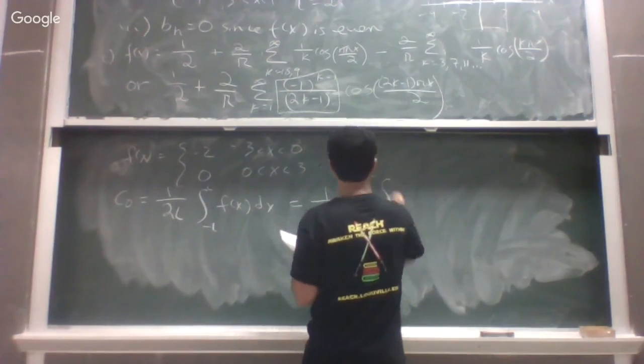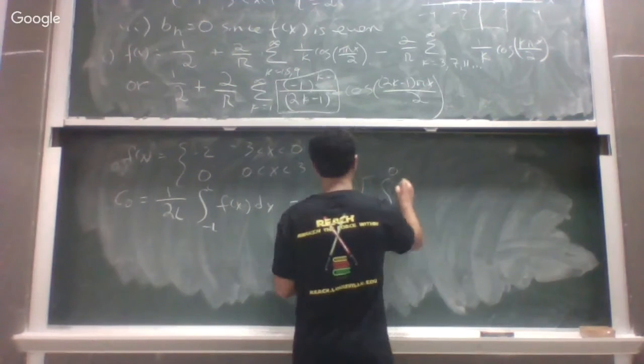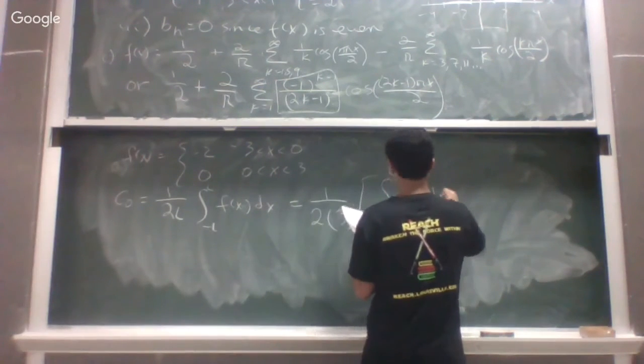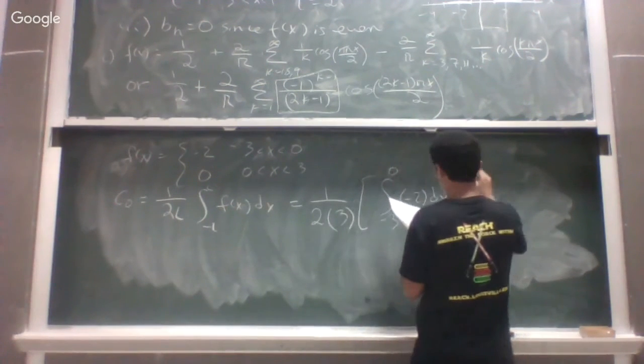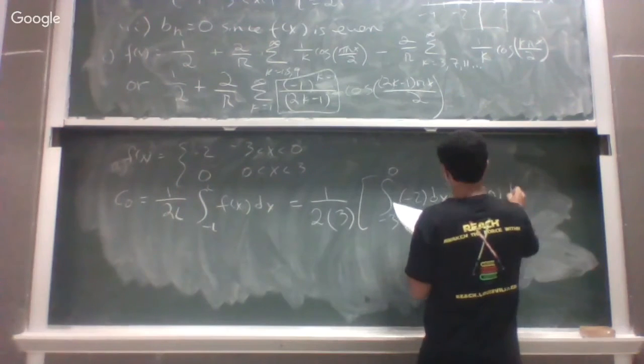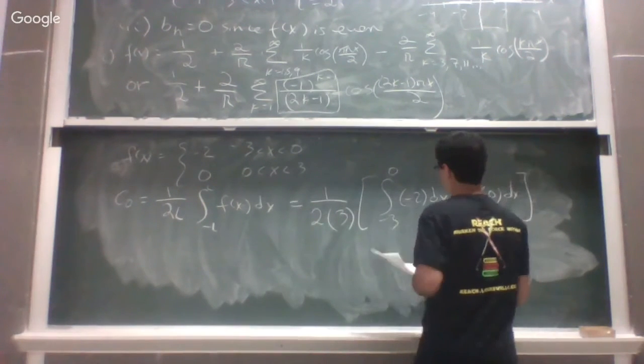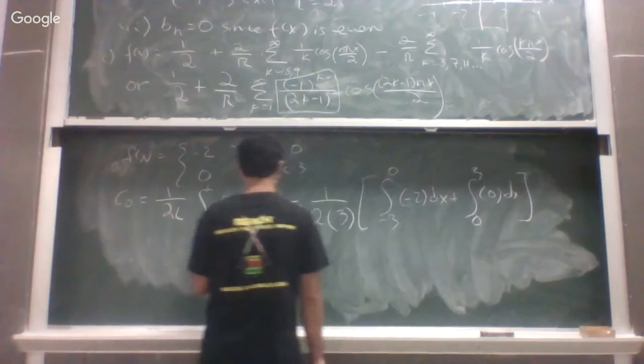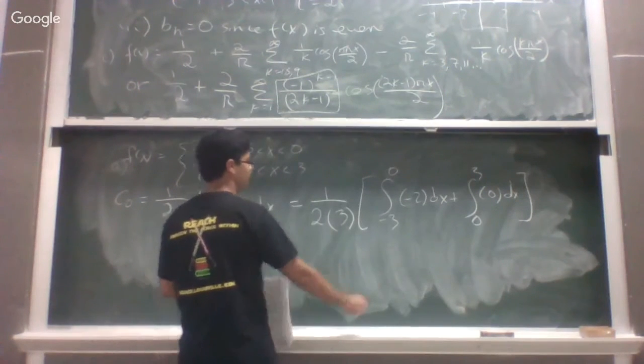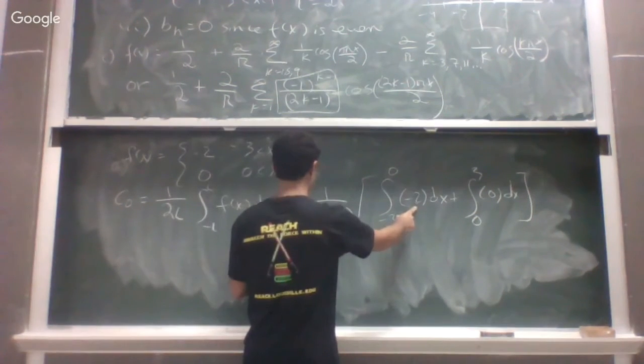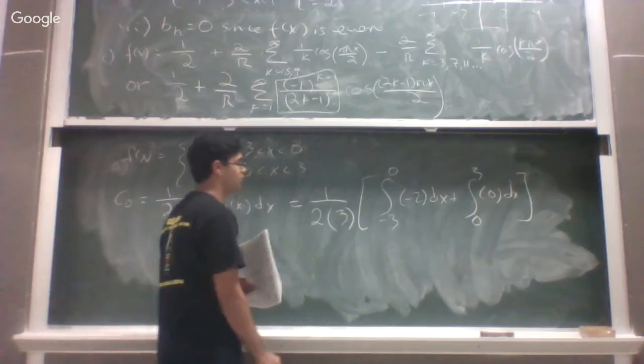Times the quantity going from -3 to 0 of -2 dx plus going from 0 to 3 of 0 dx. So this becomes -2 over 6, right?